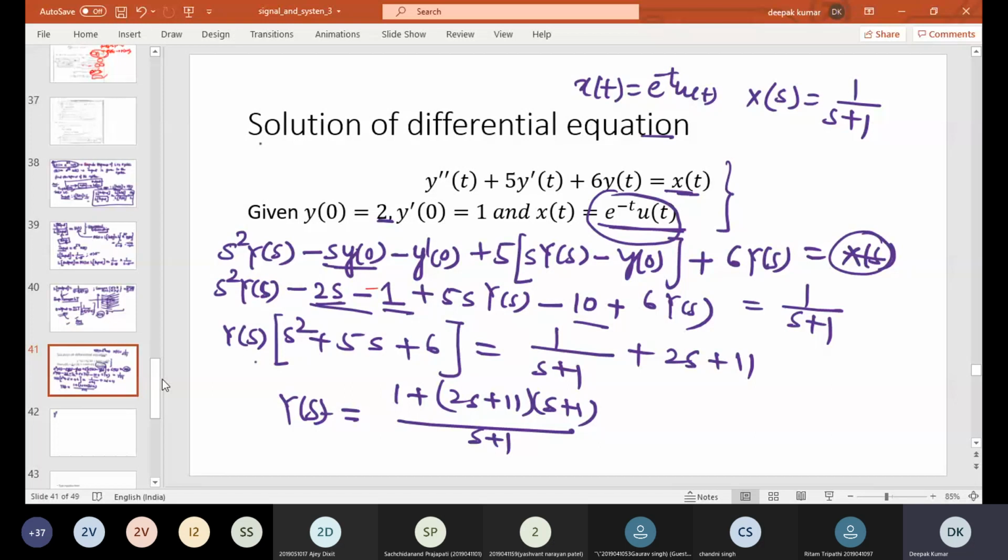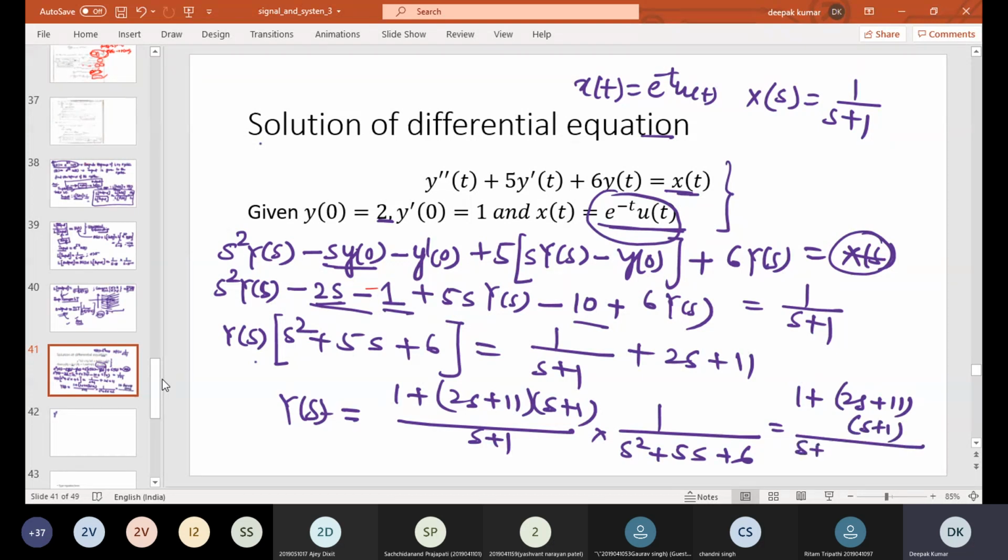And now this term will come this side as s square plus 5s plus 6. So this is the whole expression. Basically you can say 1 plus 2s plus 11 into s plus 1 divided by s plus 1. Here also there will be one term s plus 1 and s plus 2 into s plus 3.